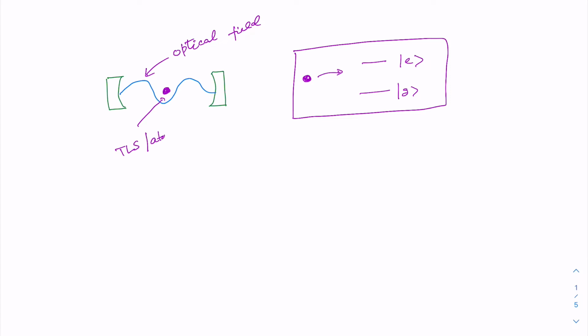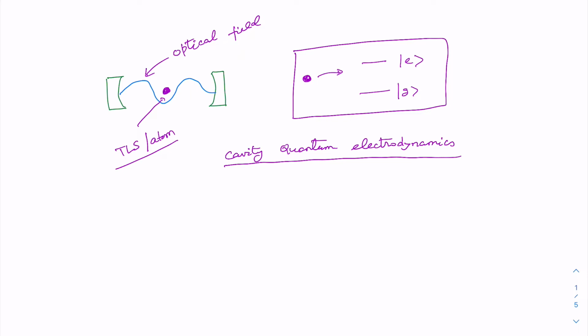This can also be described using the Jaynes-Cummings model, and this is the domain of cavity quantum electrodynamics. What we are discussing here is circuit quantum electrodynamics, but the Jaynes-Cummings model can equally be utilized in other domains as well, such as cavity quantum electrodynamics.